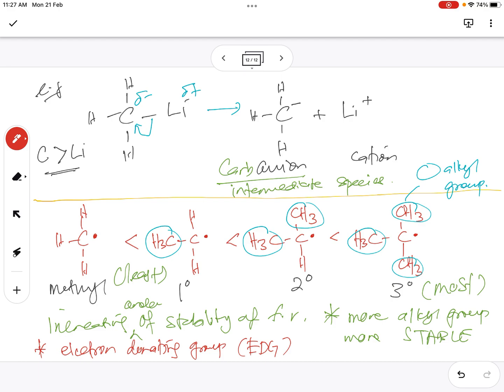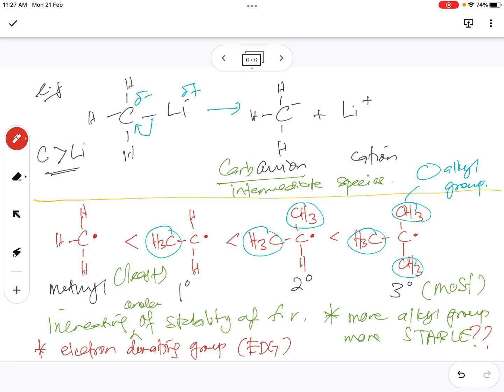Mana free radical ni? Sorry, sini saya silap baca pula. Alkyl group is electron donating group which will increase the electron density at carbon free radical. Thus stabilize the unpaired electron of carbon atom. Nampak di slide 89 ada dia punya explanation why we say more alkyl group more stable.